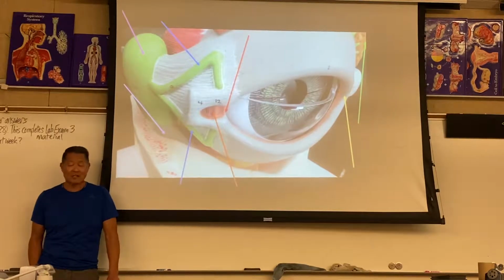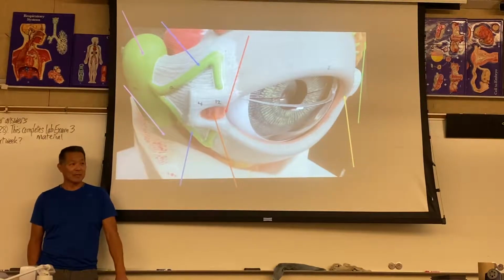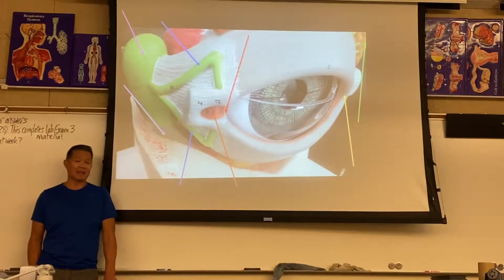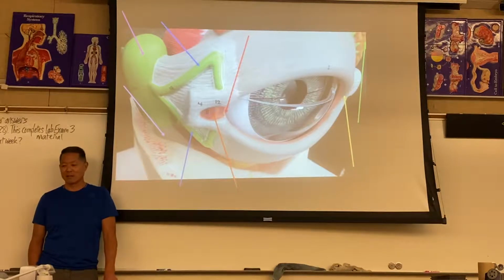It is not the medial palpebral commissure. The medial palpebral commissure is in red. This is right next to it in orange. And is it that entire circle part? Yes, that's that pink, number 11. Okay. Everybody got it? Any questions? All right.